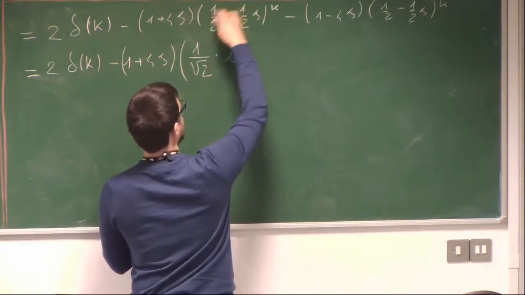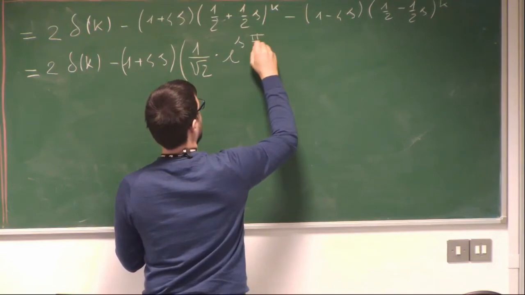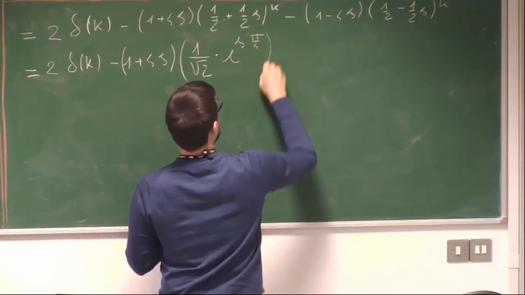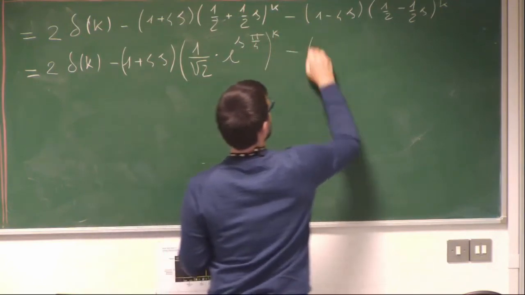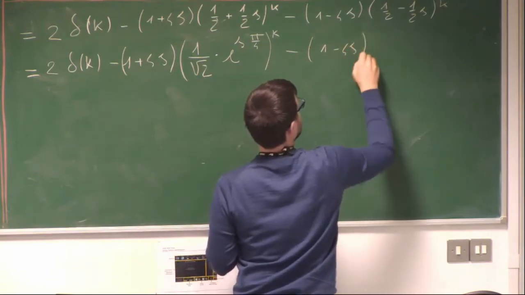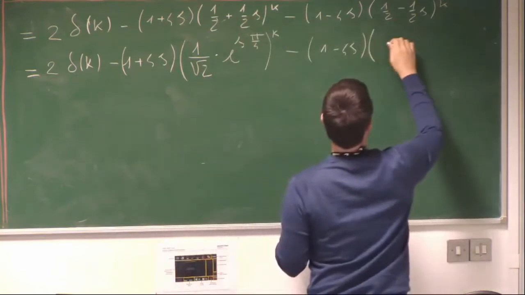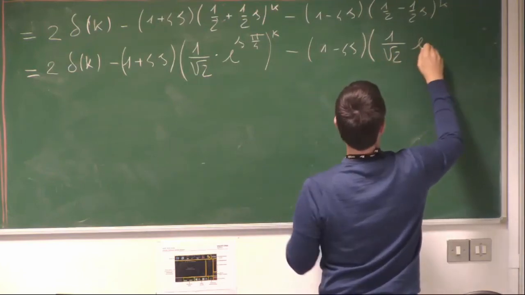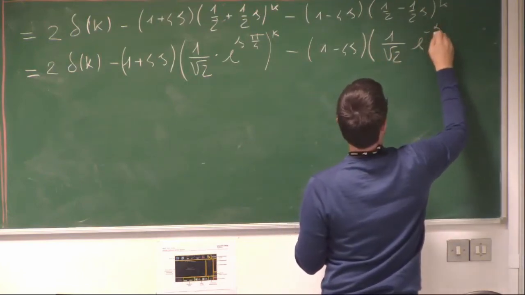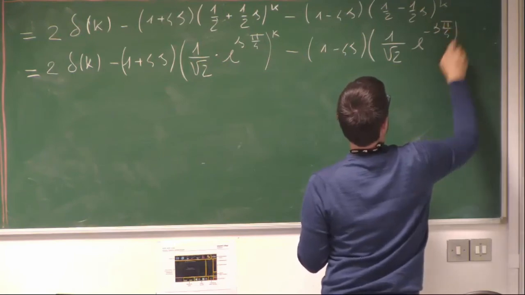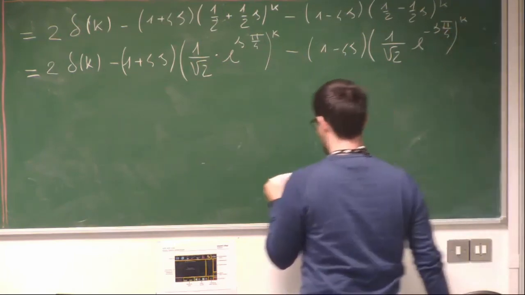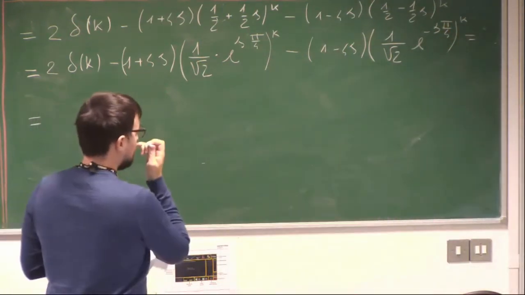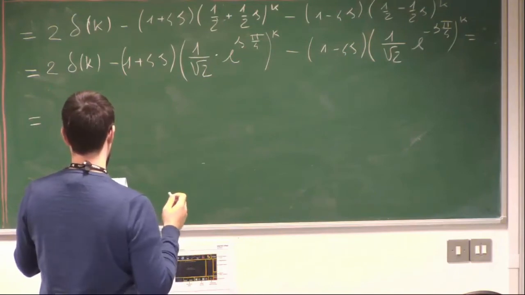The angle associated to this is pi over 4, and all this is to the power k. We do something similar with the other expression. Obviously, the absolute value is the same, 1 over square root of 2, and the only thing that is different is that the angle is minus pi over 4, and this is to the power k. Okay? Now we try to put together some of the terms.